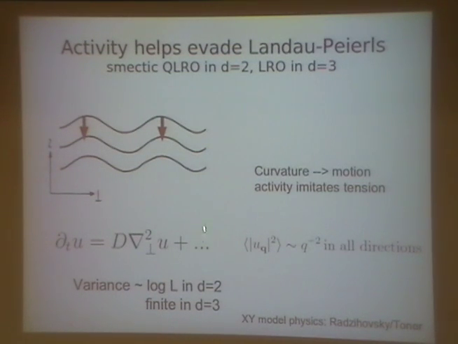So you end up getting a del squared U term in the equation of motion for the displacement field, even for wave vectors in the layers. So it acts like a Smectic field. And that's ultimately what gives you this 1 over q squared, and that's why you get the variance going as log in 2 dimensions and finite in 3 dimensions. So you can take a very simplified system, only a layer displacement field.